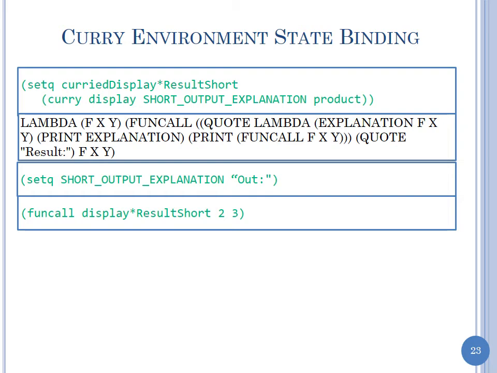Error. Why error? Because when you do the curry display short output explanation, that variable doesn't exist. When you do the curry, you evaluate. I'm assuming short output explanation is already defined before result. Yeah, in all these cases, I'm assuming that we've already got that defined.